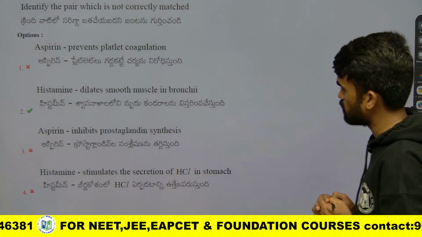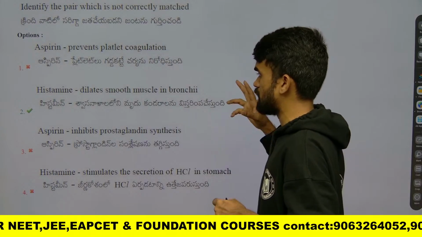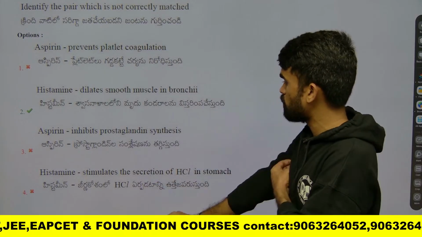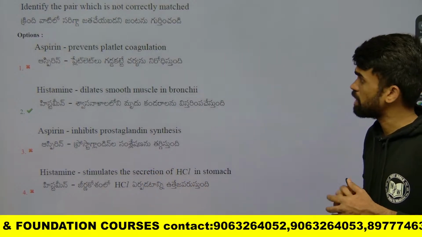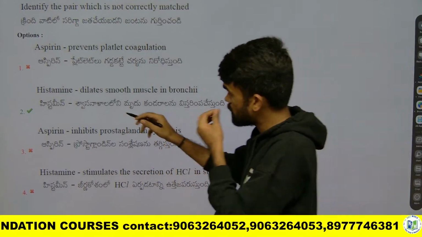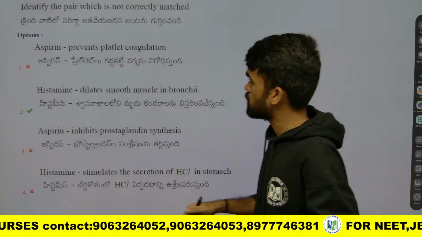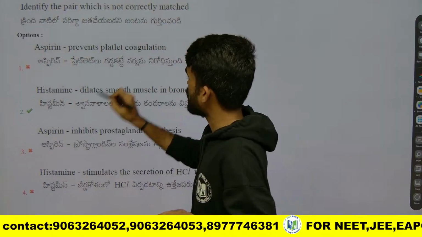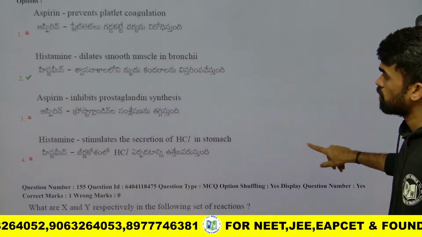Histamine stimulates the secretion of HCl in the stomach, so that is correct only. But histamine dilates smooth muscle in bronchi is the one which is not correctly matched, so you can go with option number 2.